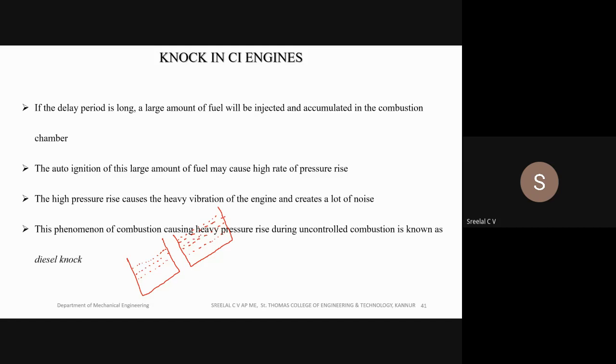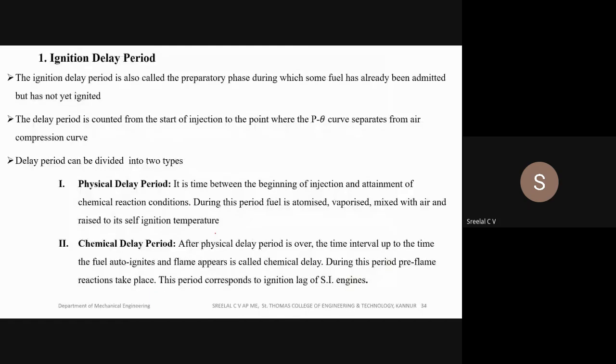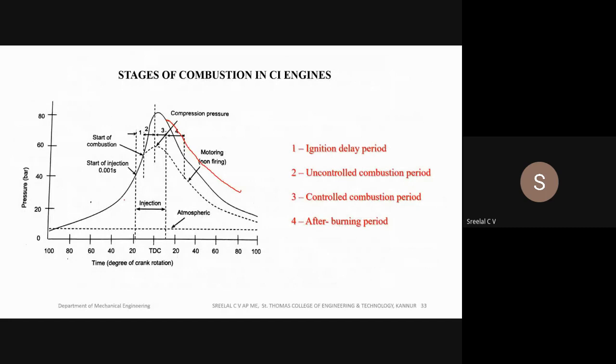If there is a long delay period, what happens? Just take in mind that we have the compression, and from here to here, this particular stage is known as the ignition delay period.